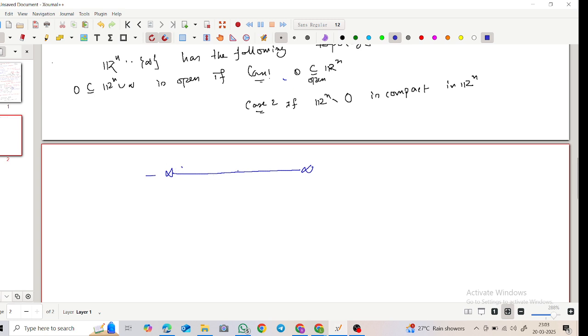It should be of the form minus infinity comma A union B comma infinity, right? And you see the complement of O is compact, right? So that's the intuition. Clear?